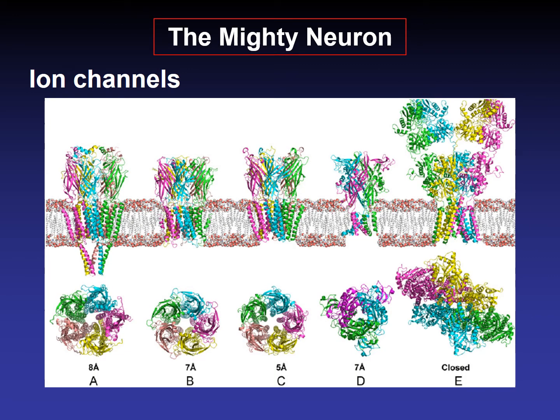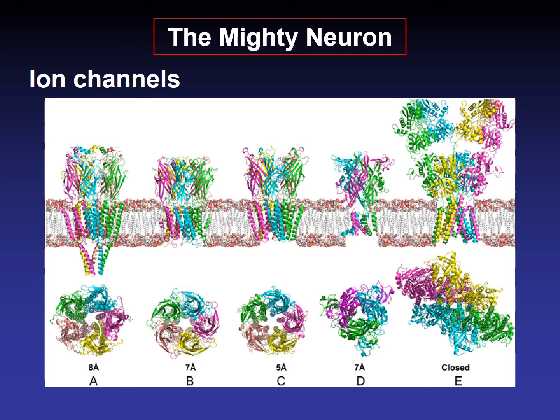Taking a closer look at these ion channels, in this image, we can see running horizontally from left to right, that phospholipid bilayer, the cell membrane. And inserted into that phospholipid bilayer is an ion channel. And we can see the different colors that make up the ion channel. These different colors represent the different polypeptide subunits.